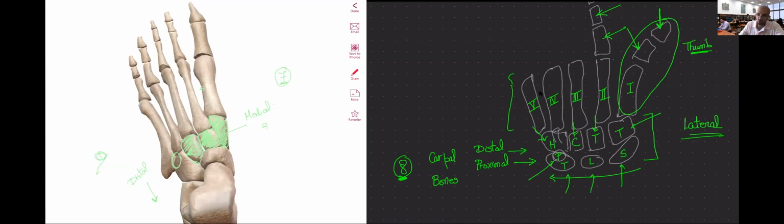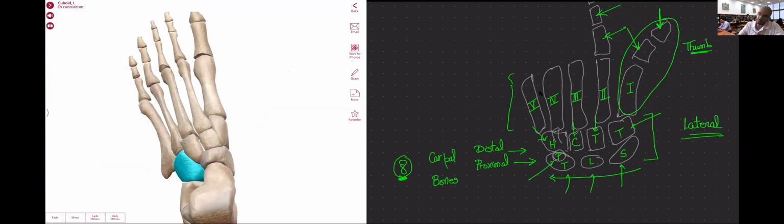So you have 3 cuneiforms. All the 3 are articulating posteriorly with the navicular bone.